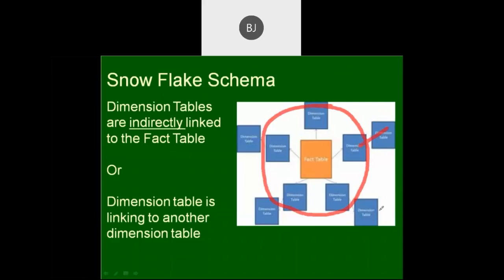This is linked here, this is linked here, this is linked here, this is linked here. At least one dimension is linking to one more dimension. Clear? At least one. Not everything. It was a star schema. To the star schema, if you add at least one dimension linking to one more dimension, this kind of schema is called a snowflake schema.